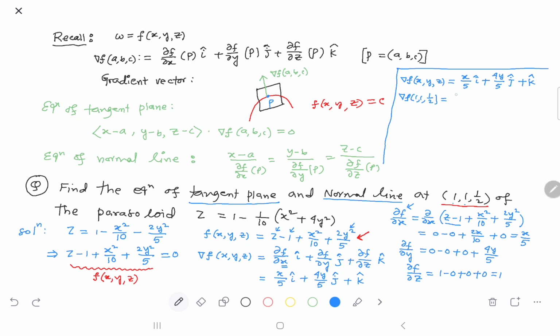If you put it here, we get 1 over 5 i cap. Then if we put y equal to 1, we get 4 over 5 j cap plus k cap. So this is the gradient vector, right?